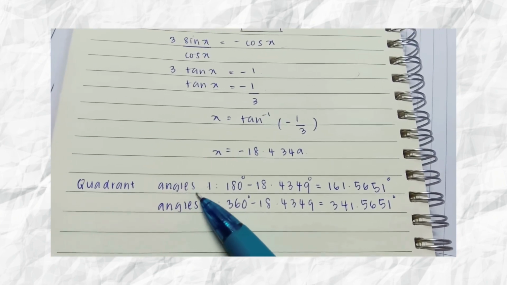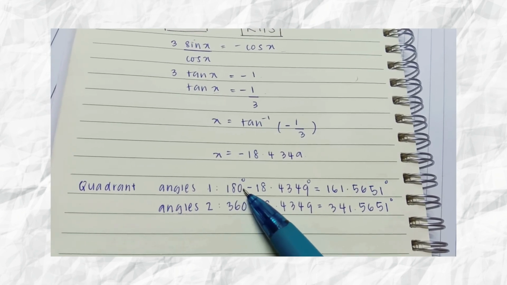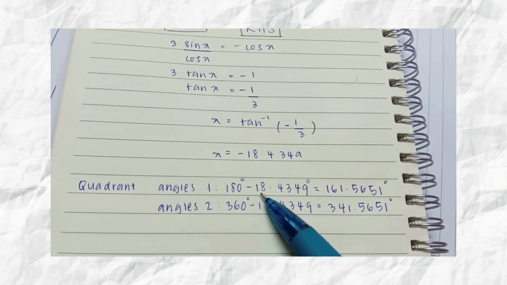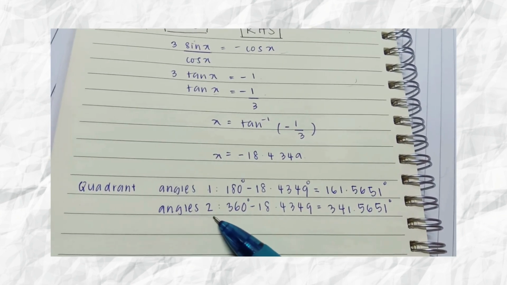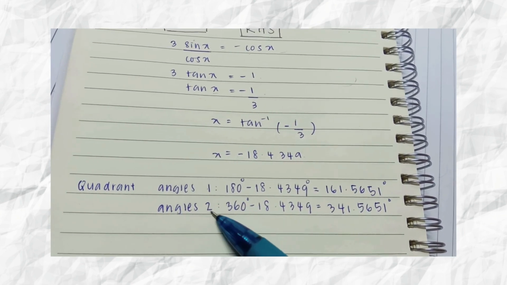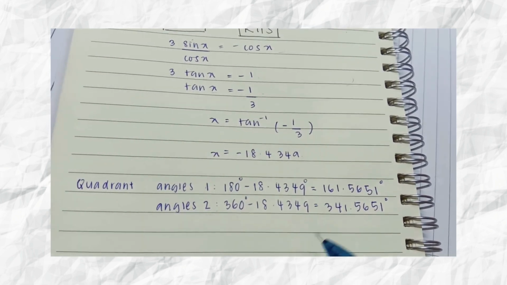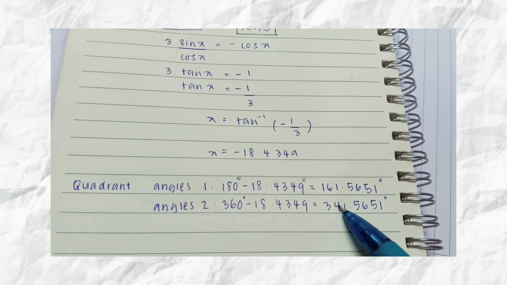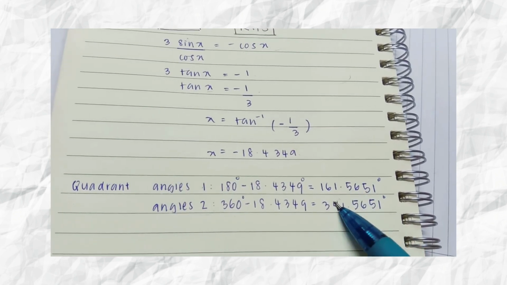Quadrant 1 is 180 degrees, so we need to minus with the value of x. And the angle 2, angle 2 is 360, so we need to minus with the value of x. This is the value of quadrant angle 1 and angle 2.